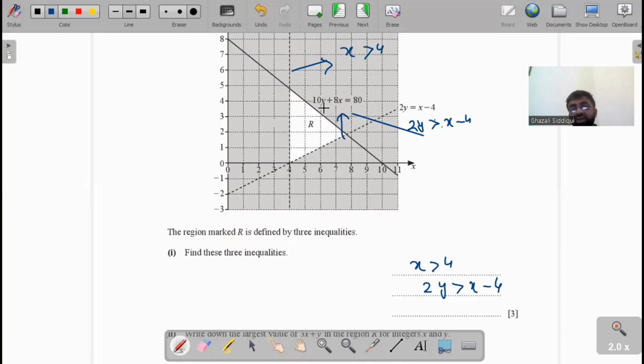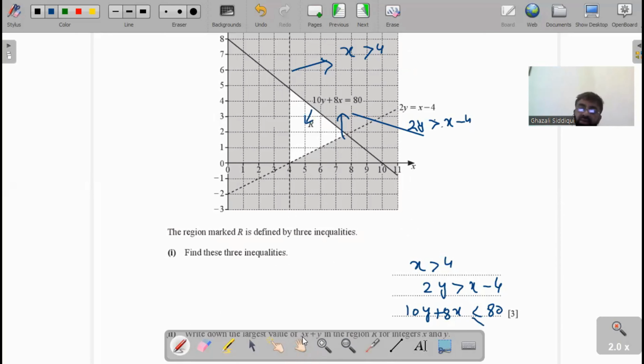And third inequality, 10y plus 8x equal to 80, and the region is below the line, therefore we can write 10y plus 8x is less than 80. But here the line is a solid line, it means the points that lie on the line also satisfy this inequality, so we write it as less than or equal to.